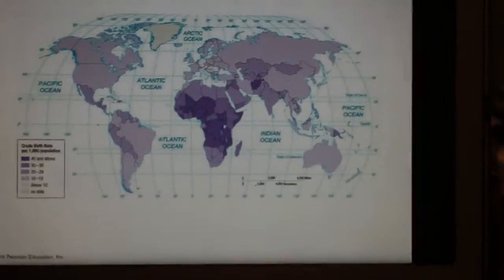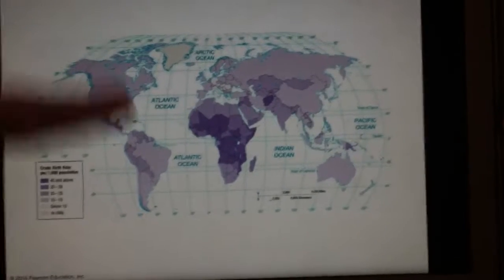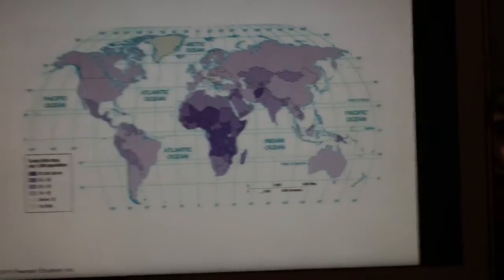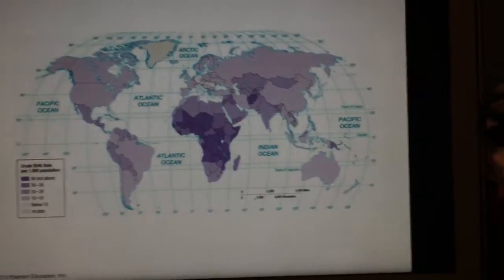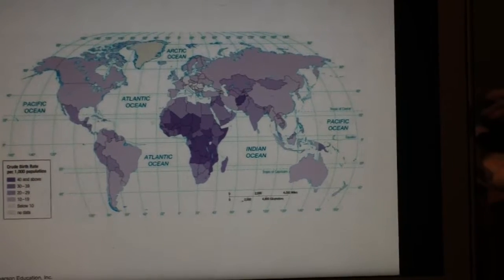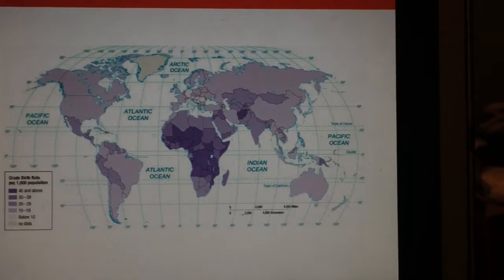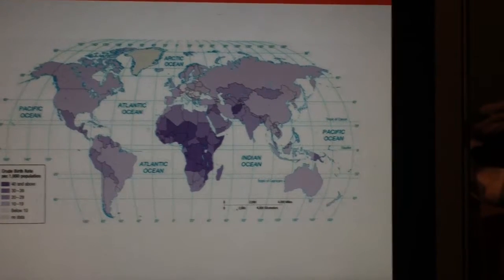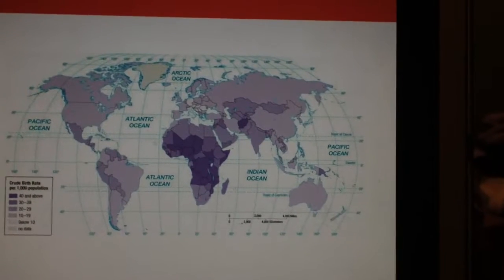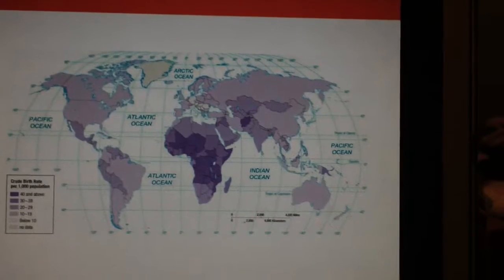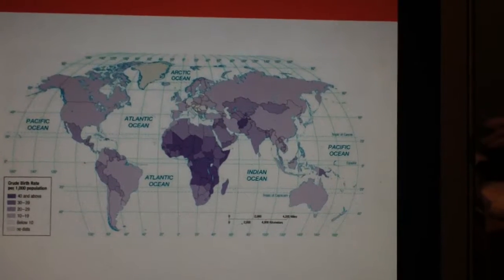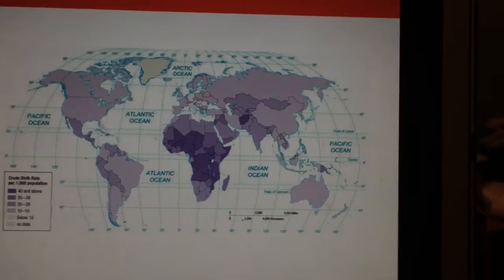So this tells us that the darker purple the countries, the more babies are being born per people in that society. So once again, sub-Saharan Africa is definitely affected, and countries in the Middle East are more affected by that. And then we see countries in Europe are less affected by that.